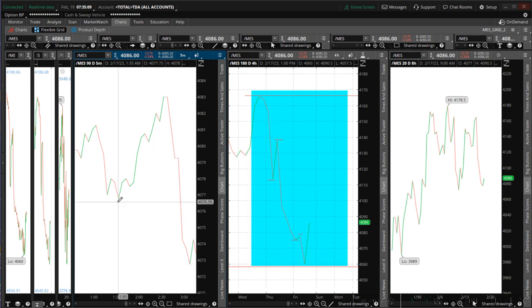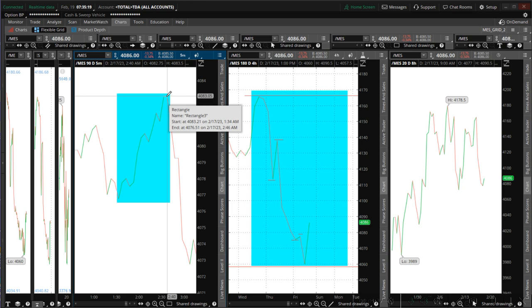This particular fractal appears all the time. 1, 2, 3, 4, 5, 6, 7. The top here is at 4083. It indicates a turn, meaning the market's going to pop out here and fall, which it did.